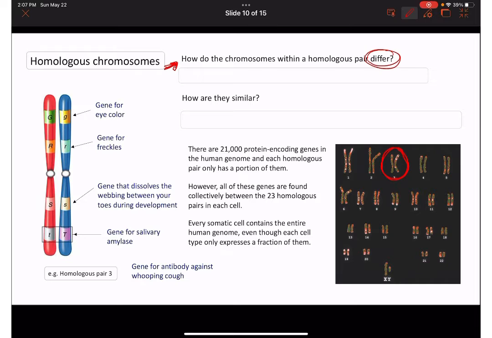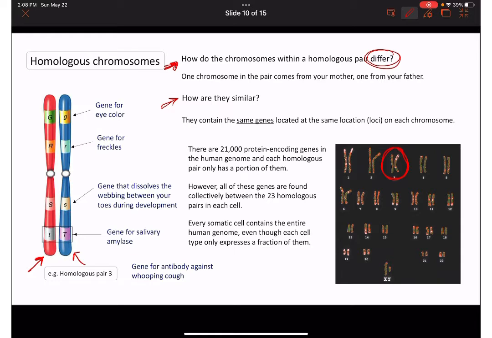And the answer to that, like we just covered, is that one of these chromosomes is going to come from your mother, and the other one is going to come from your father. And then the next question is, how are they similar?